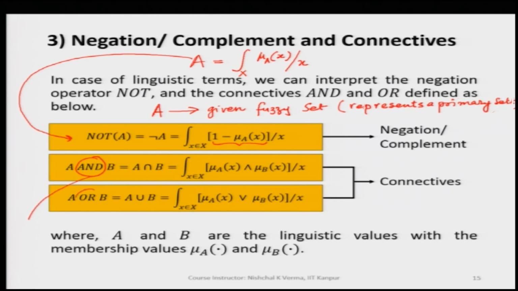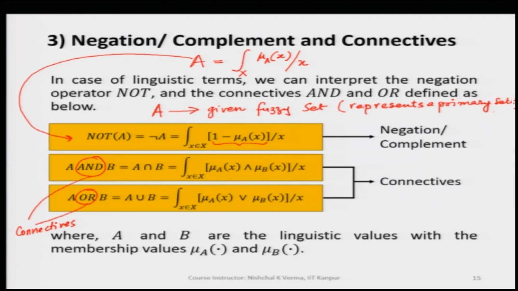The connective can be either AND or OR, so these two are the connectives. There could be A and B or A or B, like middle aged and young, or middle aged or young. Any two fuzzy sets can be connected in whatever way.